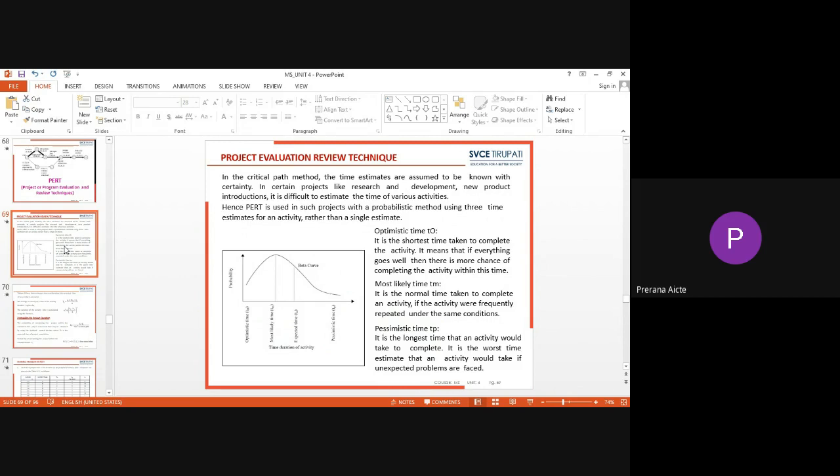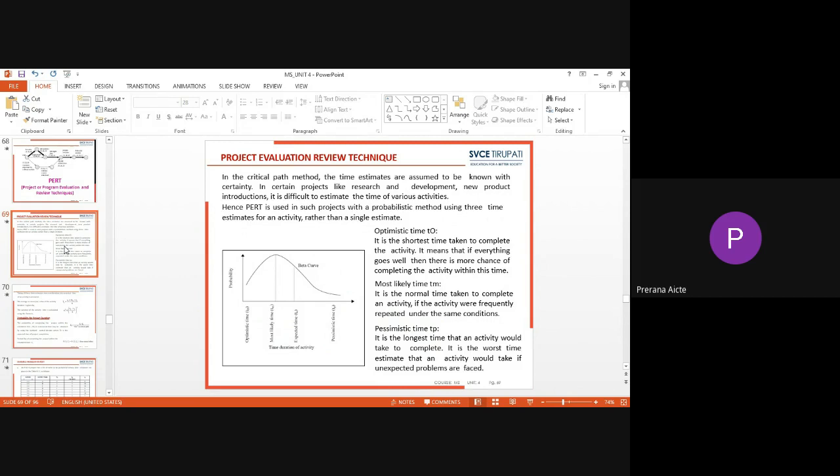That means if there are any delays due to unavoidable circumstances, then there may be a long time for certain activities. So considering those delays also into account when you estimate the time, that type of time estimate is simply known as the pessimistic time estimate.